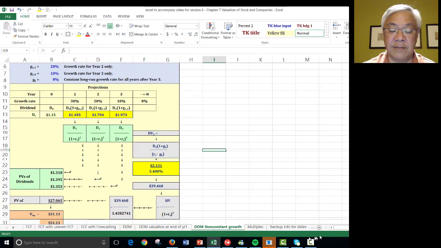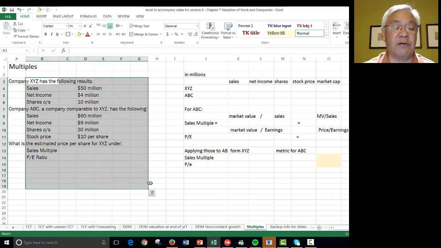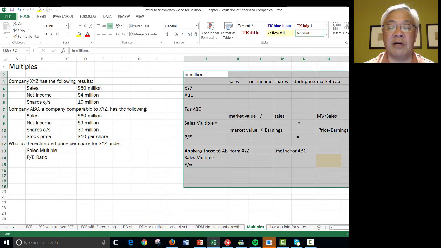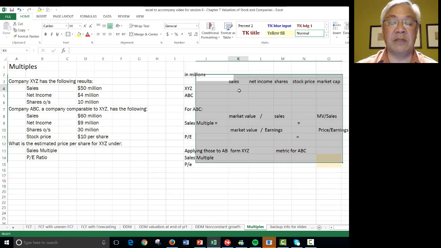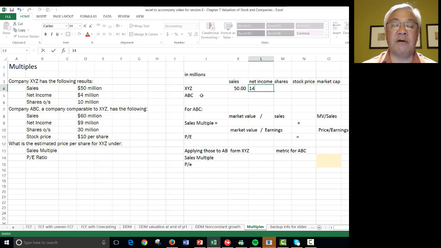So we'll go back to Excel, last tab, and here we've copied the information for reference, and here we'll do the work. All right, so let's start with just putting everything in a nice form. XYZ has 50 million in sales. They have net income of 4, shares of 10.